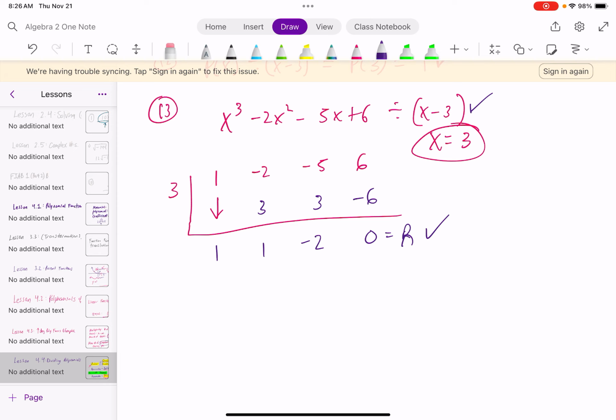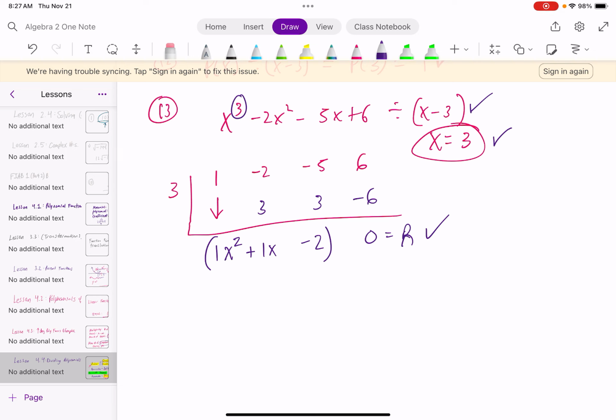My new function, instead of x cubed, is going to have x squared, a positive 1x, minus 2. This is the rest of it. So I know I can rewrite my polynomial, right? I know this is a 0 already.